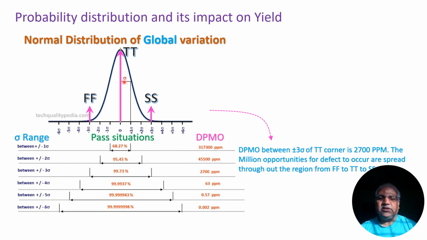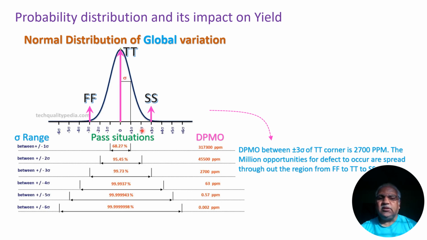That means 34% here and 34% there, so 68% of points exist in this range. These are all pass points. Whatever is outside plus 1 sigma and minus 1 sigma are fail points. So 100 minus 68 means close to 31%. Out of 100 points, 31 are defects. If you consider a million opportunities, this many defects exist.